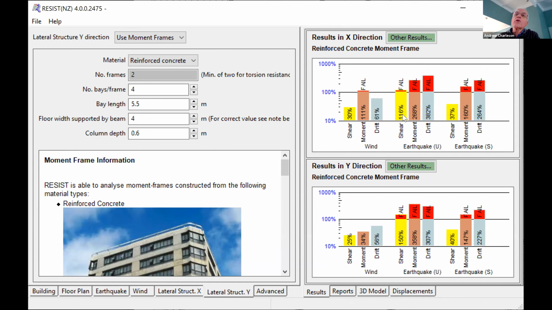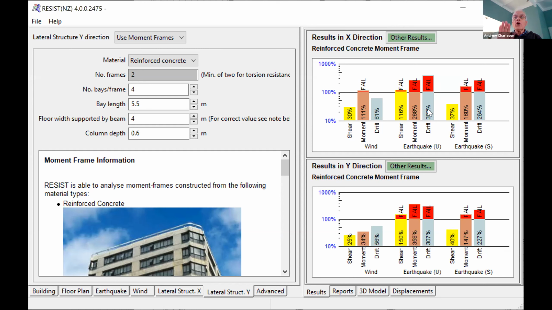Now, the shear forces in my frame are 116% of what the code allows. Fail. The bending moments in my frame are 270% of what the code allows. Fail.